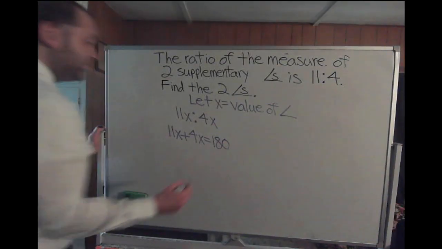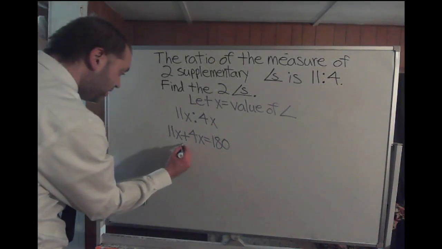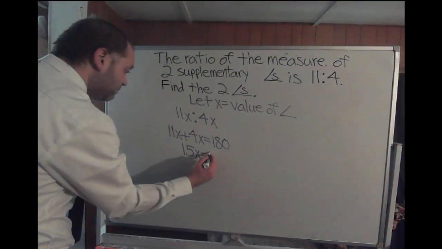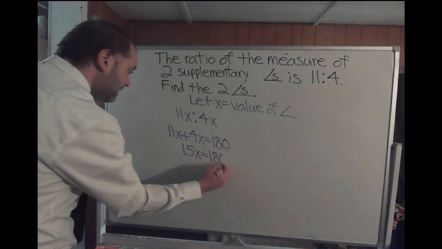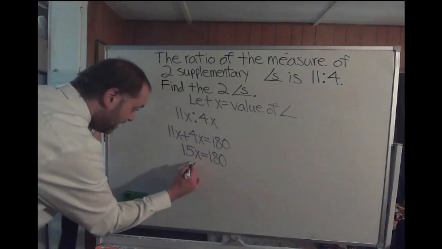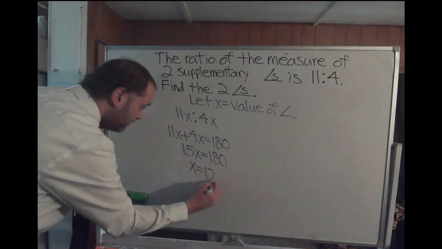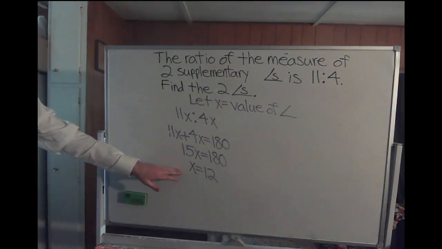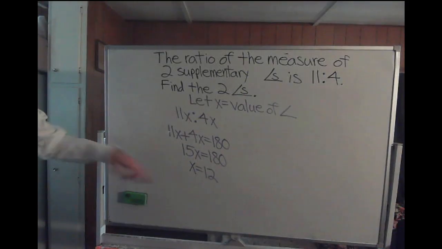So 11x plus 4x equals 180, which would mean that 15x equals 180, which means that x equals 12, which is great. We got the value for x, but we need to now find the value of the two angles.